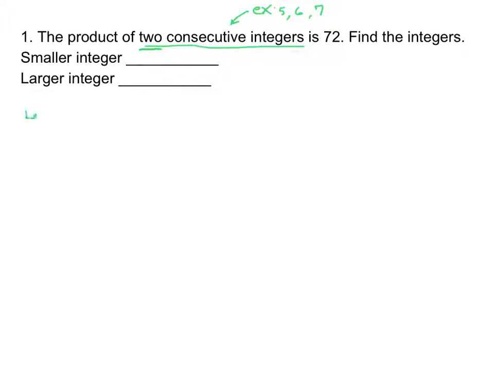So here we've got 2 consecutive integers. We'll let the first be x and let the second equal x plus 1, since with consecutive integers, the next one is just 1 more than the previous one. So we're saying the product of these two, so product means multiplication.